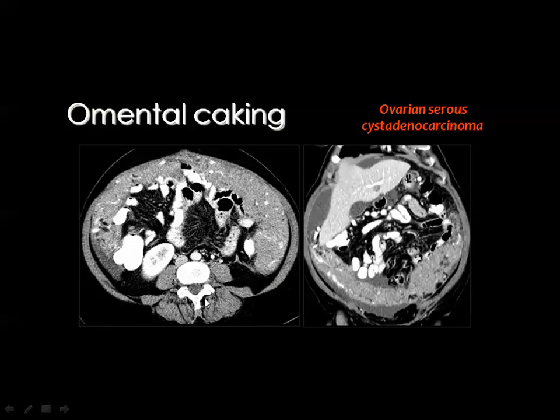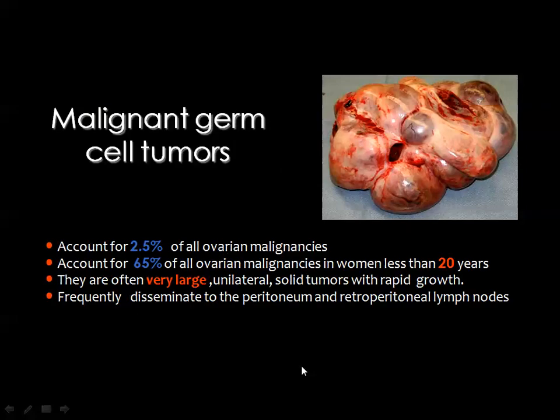And a good example of omental cake with a very big soft tissue mass behind the anterior abdominal wall, displacing the bowel posteriorly, and in the coronal reconstructed image, it is exactly located in the anatomic site of the greater omentum.